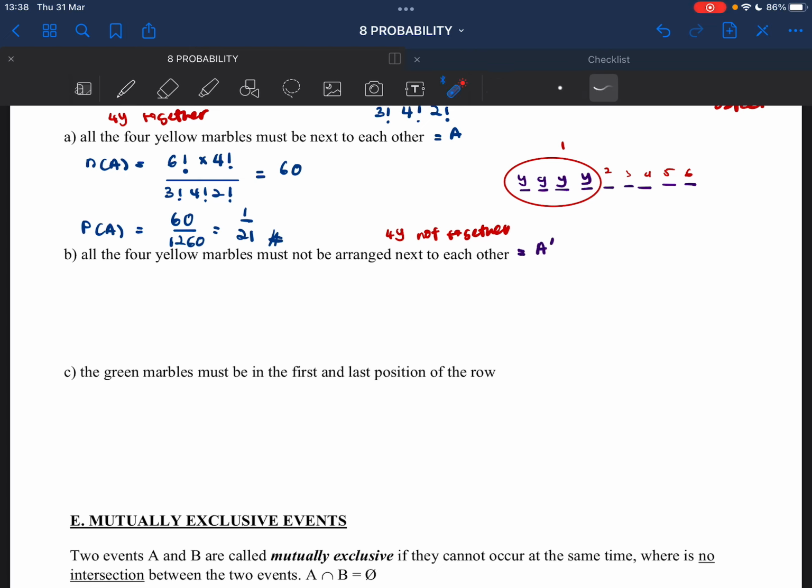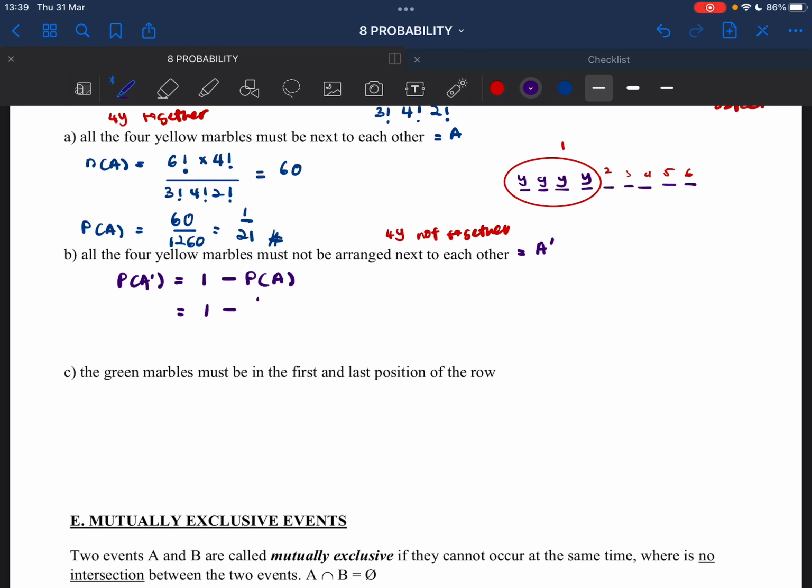So 4 yellow together is A, meaning 4 yellow not together is A prime. What we can do is find P(A prime). You know that the total probability is 1, so to find P(A prime), we just subtract P(A). You don't have to find all minus together, which is long and difficult. We can just use the properties of probability.